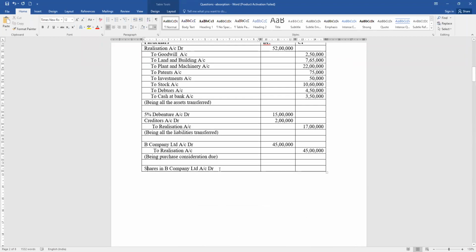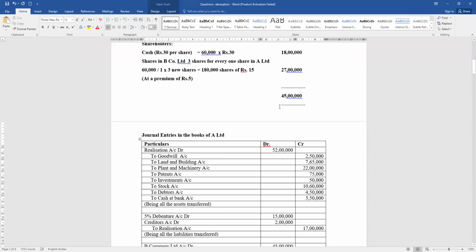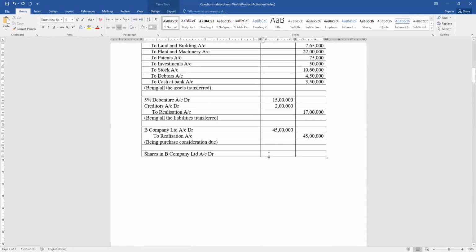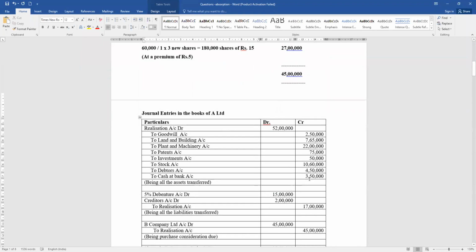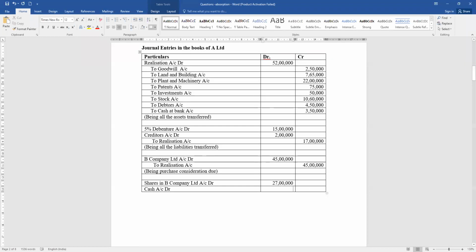Shares in B Company Limited account debit. So how much is the value of shares they are going to receive? 27 lakhs. Not only this, you are going to receive cash also, cash account debit. You can either use cash or the word bank, both are the same nowadays. So 18 lakhs is the cash. You're going to receive 18 lakhs.